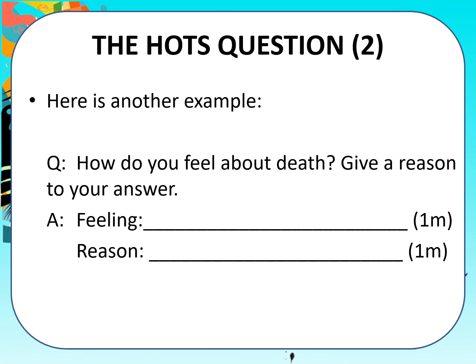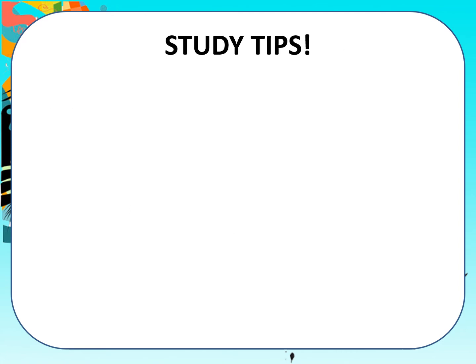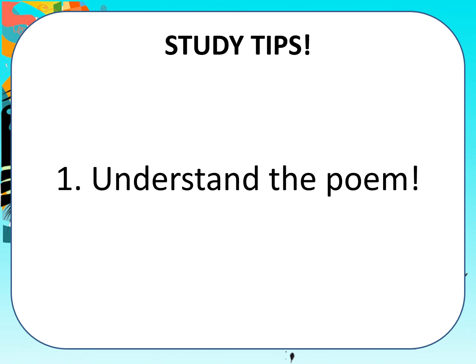Okay? Study tips. We are finally here at the last part of this video. So are you ready? There are 5 tips altogether. The first one is, you must understand the poem. For SPM, there are 4 poems.